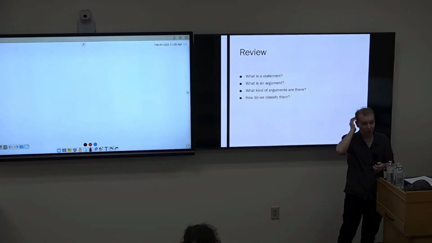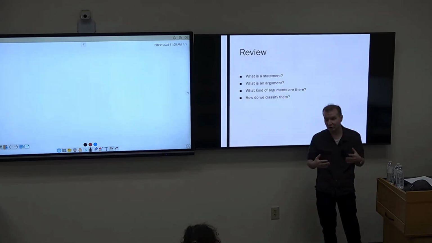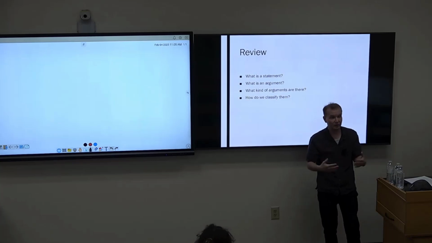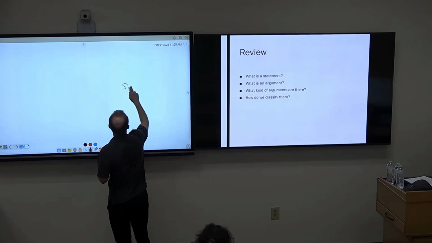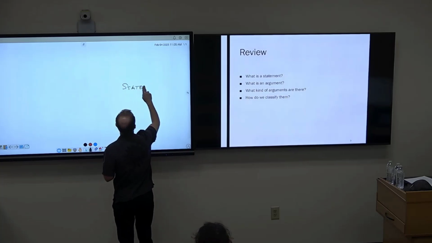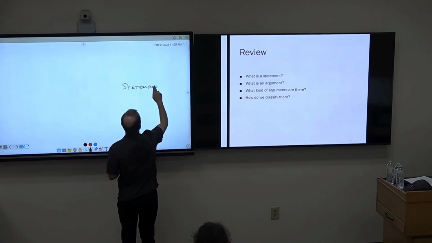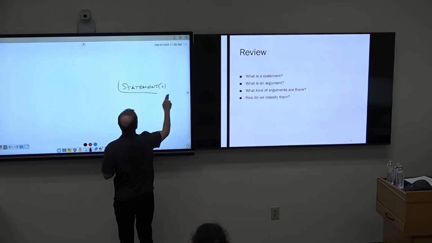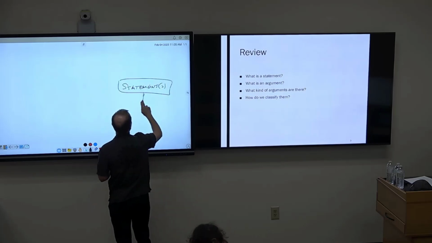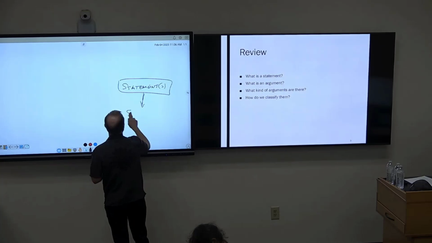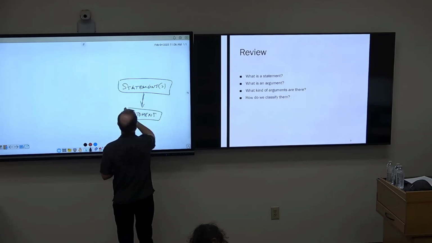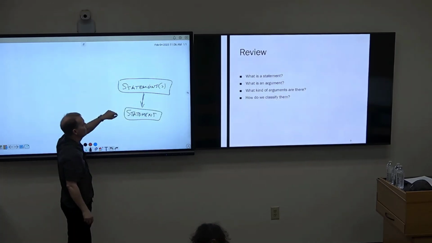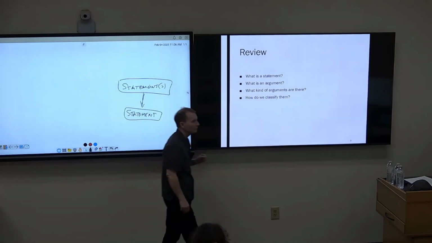Once you see that at least two statements are related in this way, that one or more claim to provide support for the other, that's when we can finally call one statement the premise or premises, and the other the conclusion.